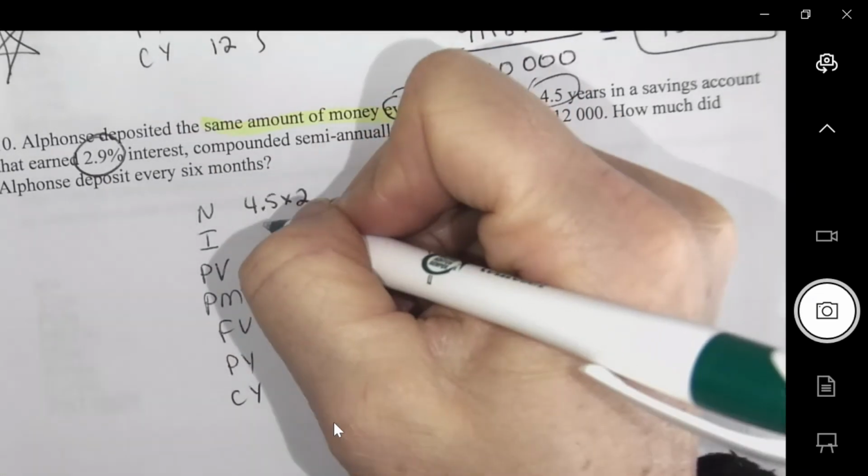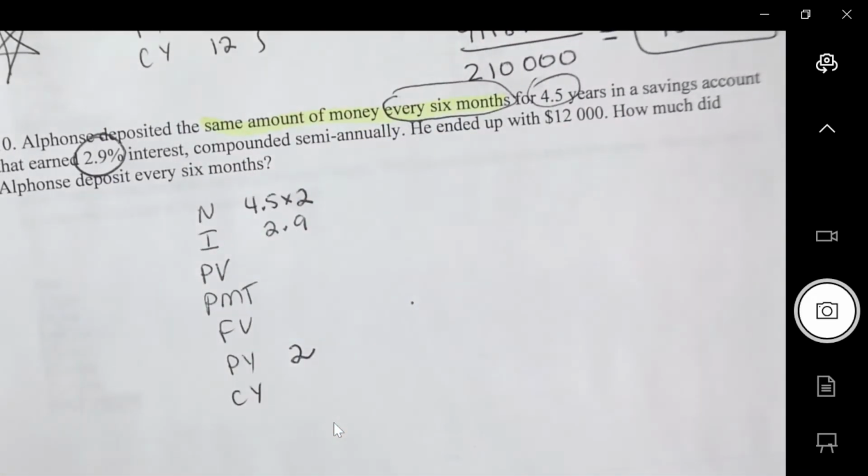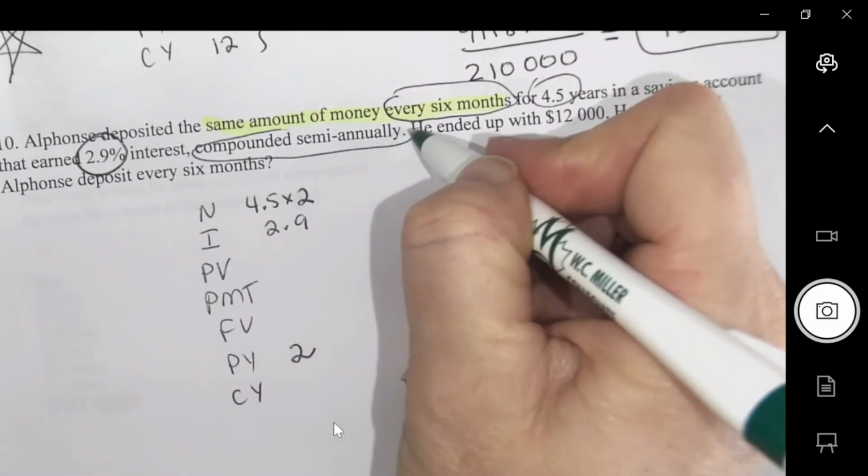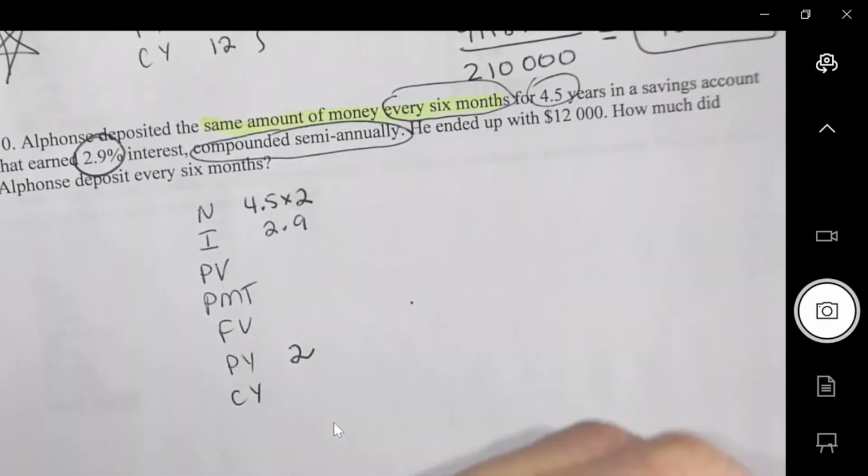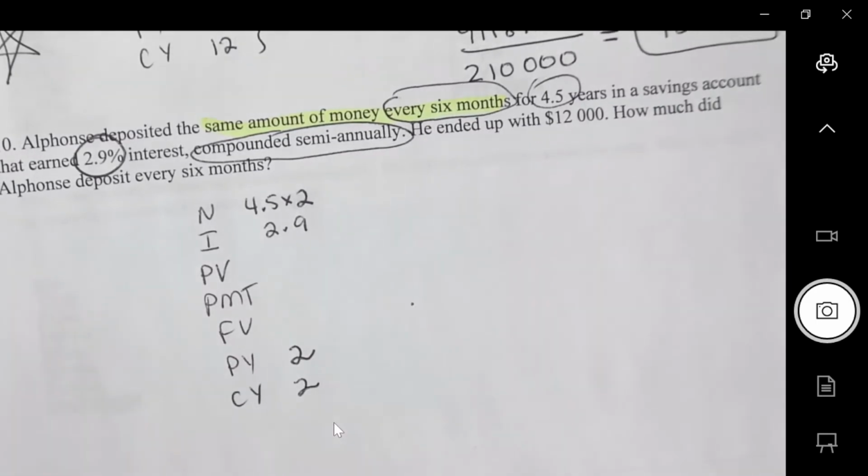2.9% interest, compounded semi-annually, so that's also a 2.